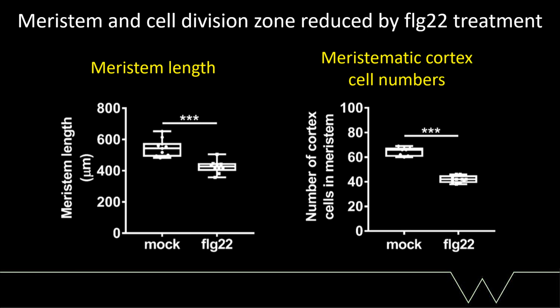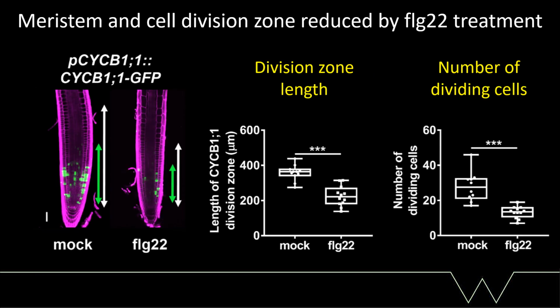So we studied this directly, and we do indeed see that after FLAG22 treatment, there is a reduced length of meristem, and if we count the meristematic cortex cells, we see a reduced number of cells in the meristem. This led us to question whether cell division is being impaired, and we can use the marker for cell division, CYCB1;1, and we see that the length of the division zone is decreased, as is the number of dividing cells.